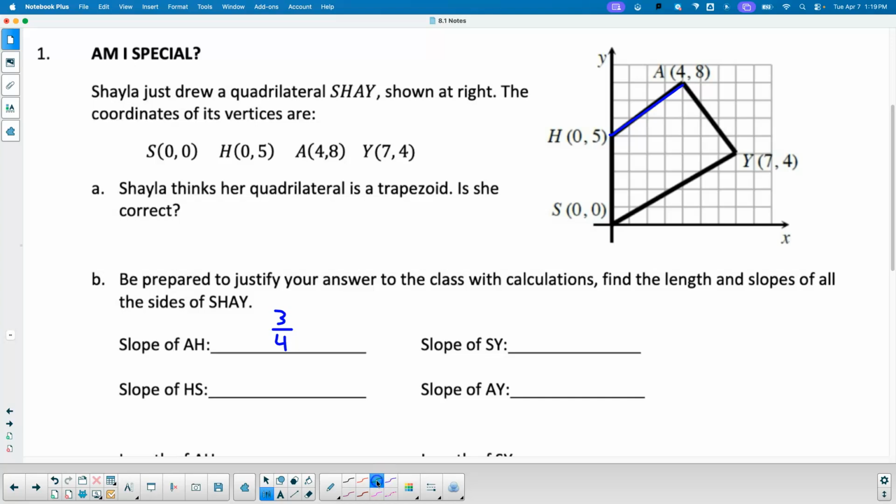SY. SY is here. What is the slope of SY? Do we agree with 4/7? Yep, I would concur with 4/7. Are those two sides parallel?